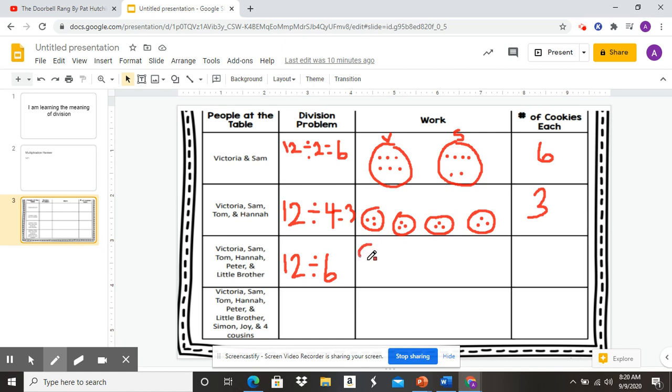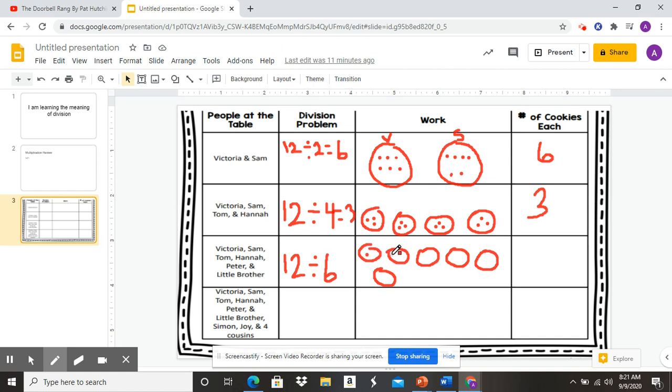So that's 1, 2, 3, 4, 5, and 6. Okay. How many cookies am I sharing? 12. And since I need to share them equally, I'm going to give each one until I hit 12.